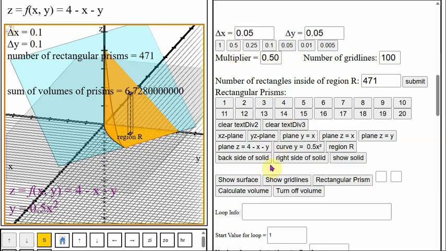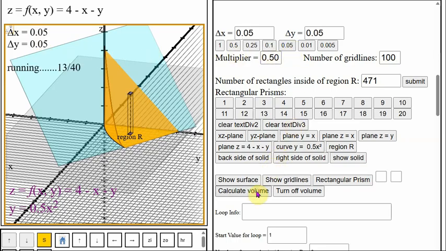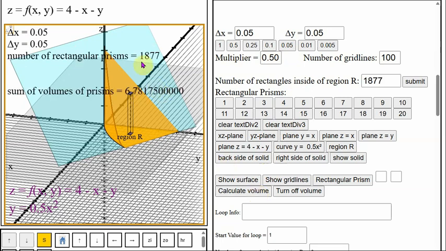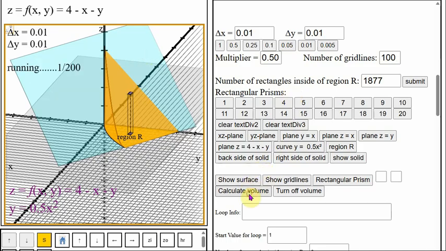Now I'm going to make it 0.05. And there will be 1,877 rectangles, and the sum of the volumes of the prisms is 6.78. And then now I'm going to make it 0.01.